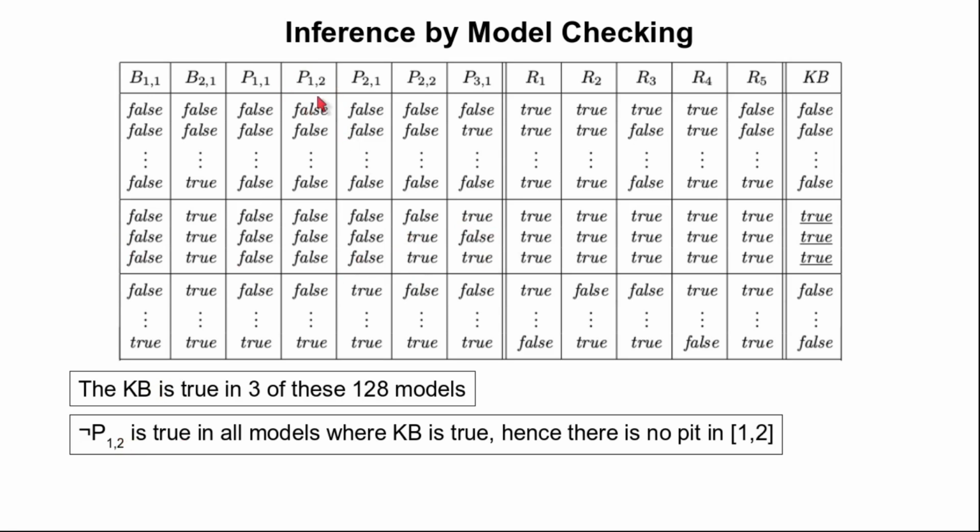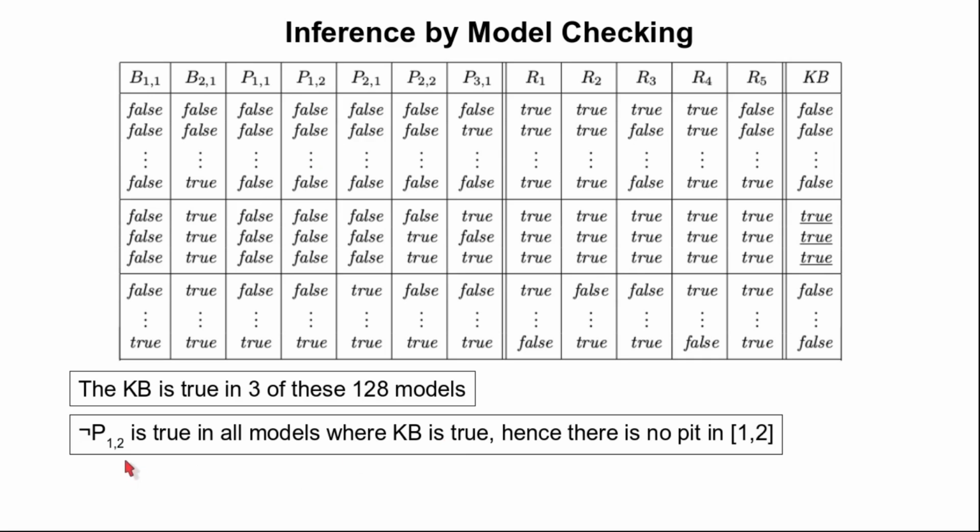This is P of 12. P of 12 is false in all the three, which means not of P12 will be true in all the three models where the knowledge base is true. And hence we can say that not of P12 can be entailed from the knowledge base.